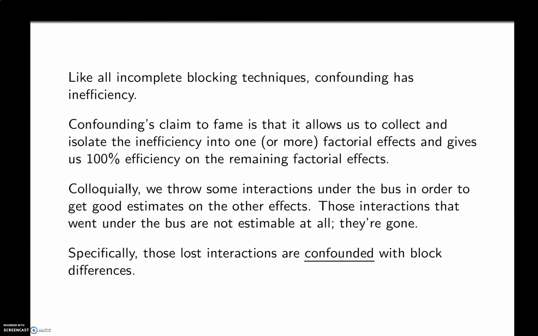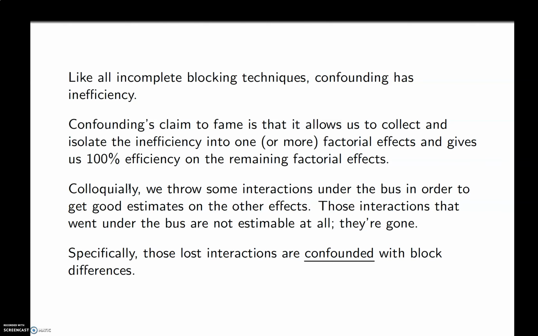Instead, you would focus on those and make sure that those are coded within your factorial design. What you would do is find certain effects that are maybe less useful as a research hypothesis, or maybe unavoidable effects that are not experimentally meaningful, and colloquially, as Gary says here, we throw those interactions under the bus in order to gain efficiencies and get better estimates for the effects we care about.